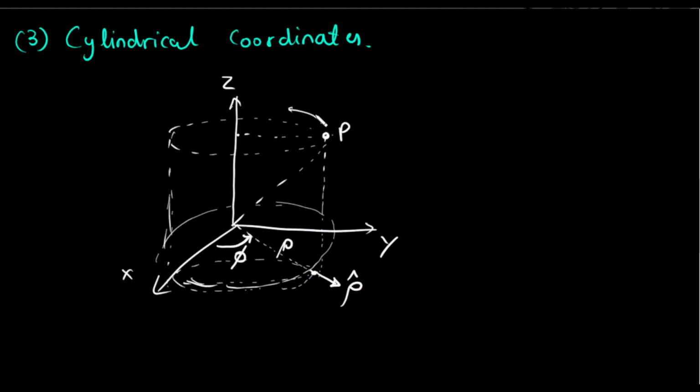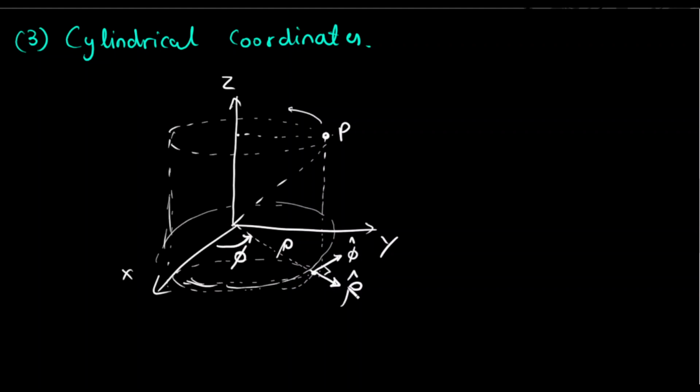Actually this point P, if we consider it as an object, can move around this cylinder, so that means this azimuthal angle is going to be changed. So there's going to be another vector perpendicular to this rho hat, that is going to be psi hat. This is the unit vector.